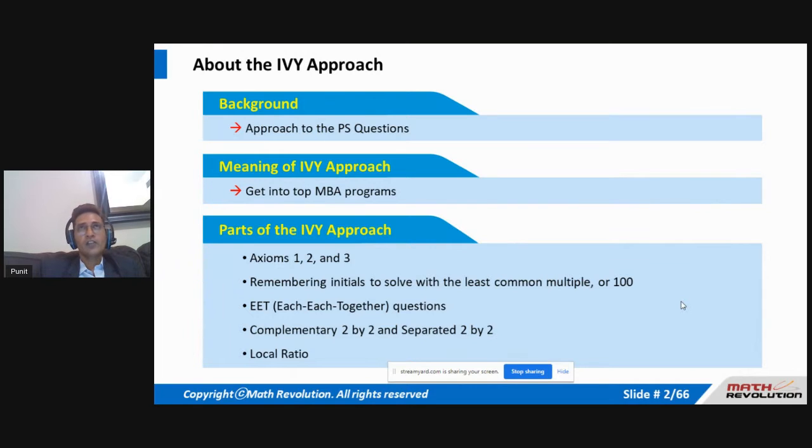Then there would be a couple of discussions on each-together questions, which are majorly questions based on mixtures. And then I'll be talking about how we devise or form a complementary 2 by 2 table. What is it? How is it different from a separated 2 by 2 table? And we'll be talking about local ratios. Every concept that I go through has a question to it, so that we will be able to see the applications as well.